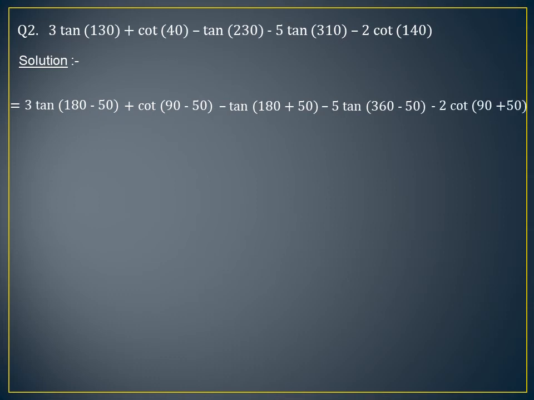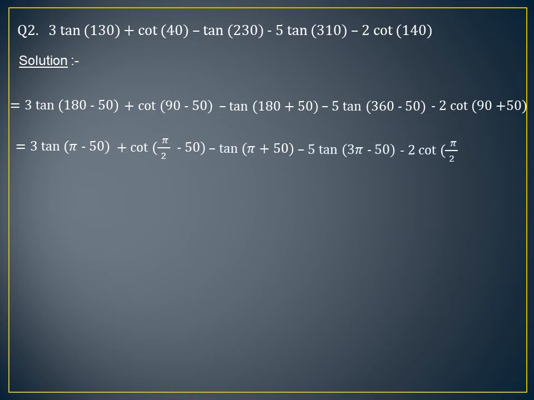Again, the next step, we'll write it as 3 tan of pi minus 50, plus cot of pi by 2 minus 50, minus tan of pi plus 50, minus 5 tan of 2 pi minus 50, and minus 2 cot of pi by 2 plus 50.